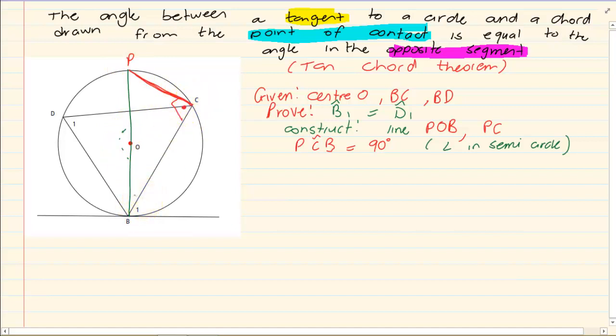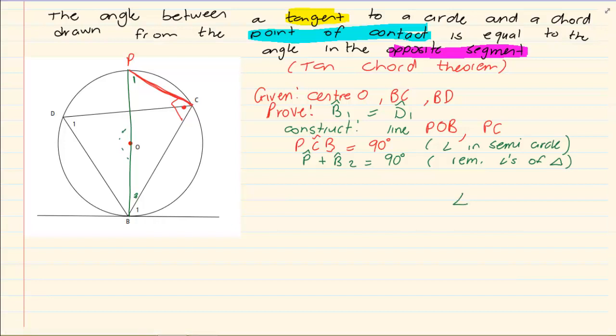Now let's mark this B2 and P1. Now P1 plus B2 is going to equal 90 degrees. The reason: it's the remaining angles of a triangle. Now you'll see this symbol that goes like this refers to angle.